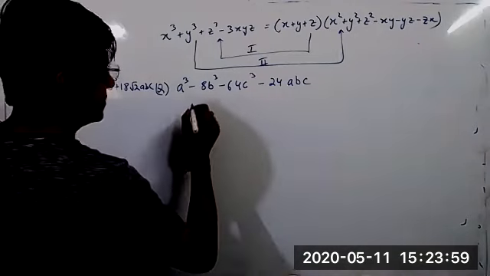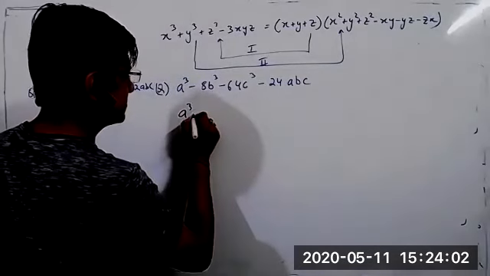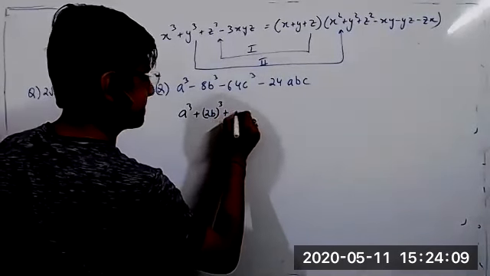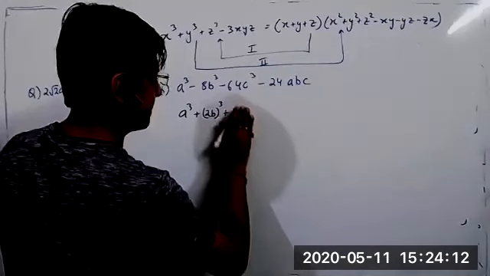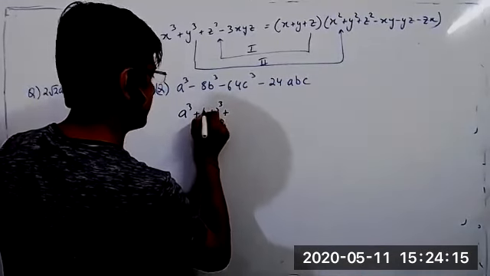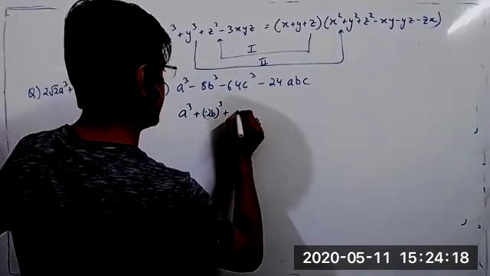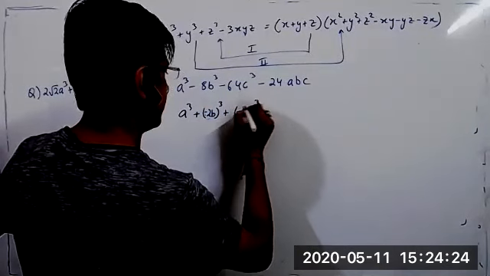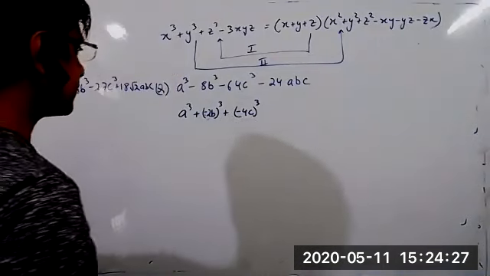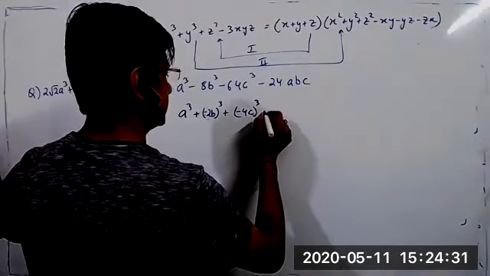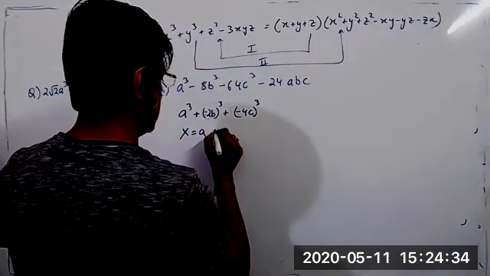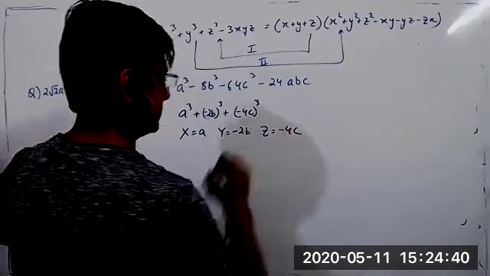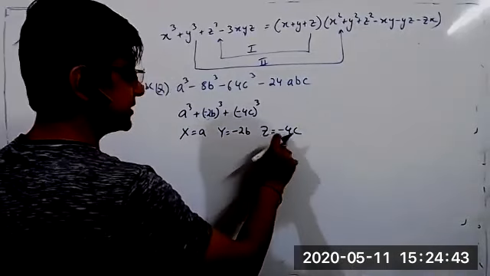This is a cube. Can we write it as a cube plus 2b... x is equal to a, y is equal to minus 2b, z is equal to minus 4c.